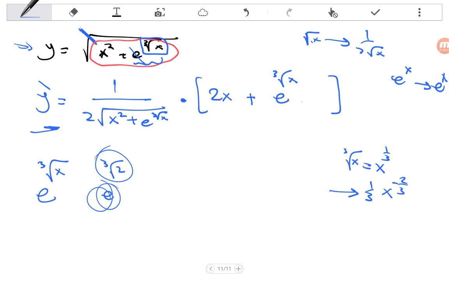So that's why I will just write it as 1 over 3 x power negative 2 over 3, and that I would finish the function. The derivative is complete.